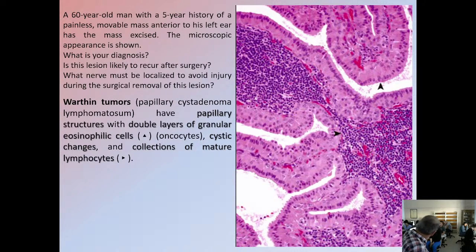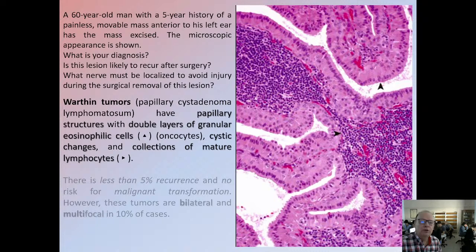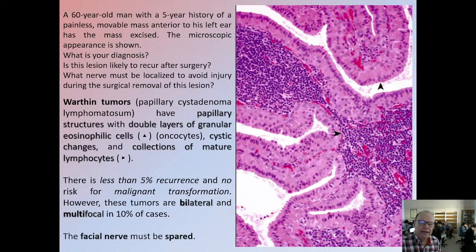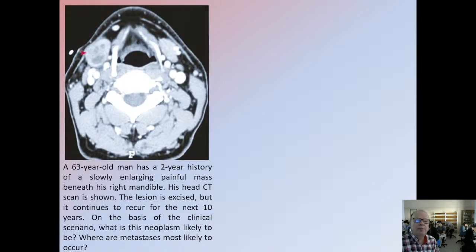These cells are polyclonal lymphocytes, but they are a morphologic feature of this tumor. It is a benign tumor, mainly. And always, when making an operation, the facial nerve should be spared.